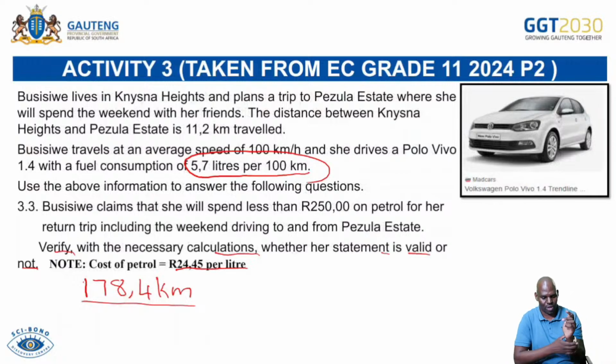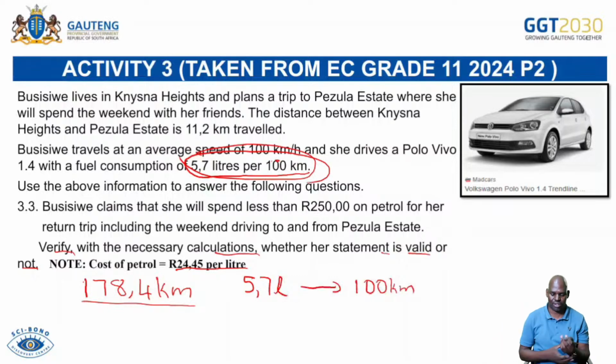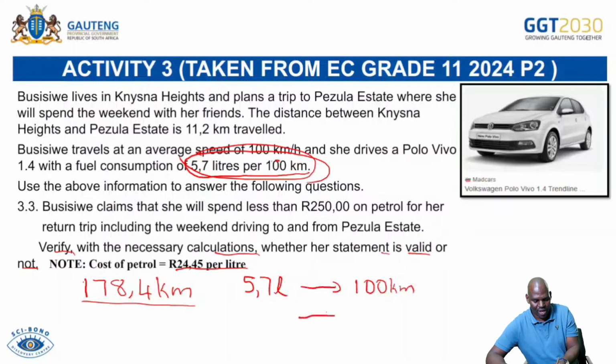We know that 5.7 liters was actually enough to travel 100 kilometers. But we know that they didn't travel 100 kilometers. They actually traveled more than 100 kilometers. Now we want to know if they traveled 178.4.